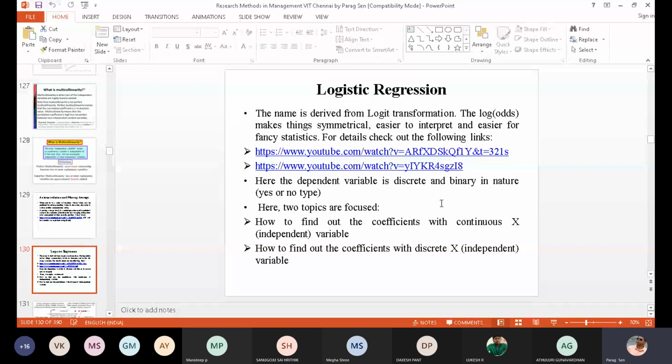You may get your independent variables discrete in nature, or the dependent variables discrete in nature. You may have mixed kinds of things: some independent variables are discrete and some are continuous, or some dependent variables are discrete and some are continuous. A lot of things you will be getting.